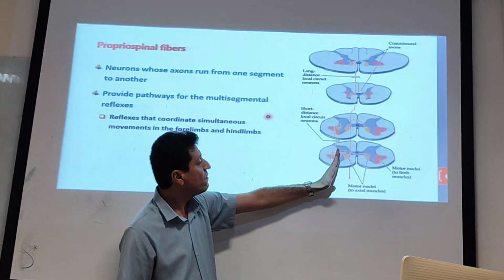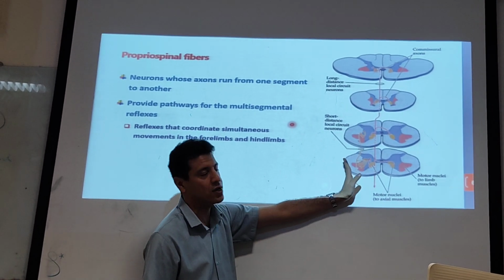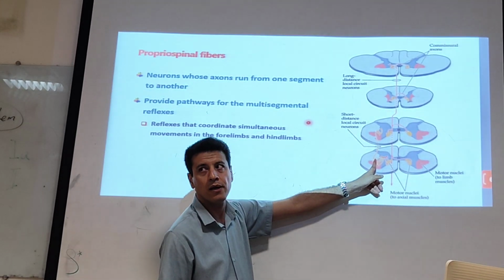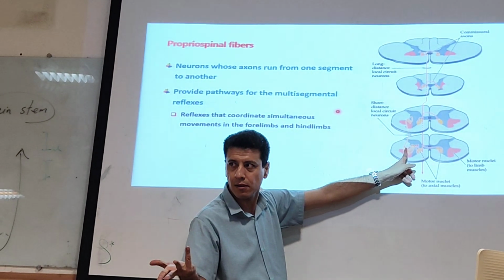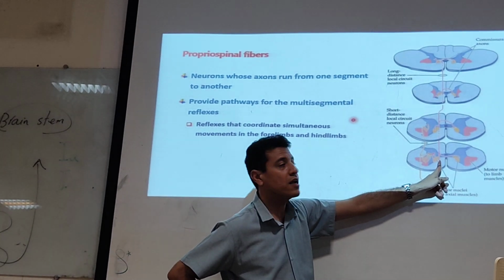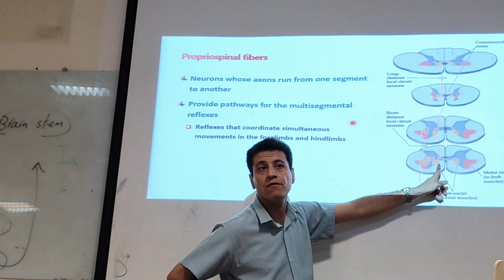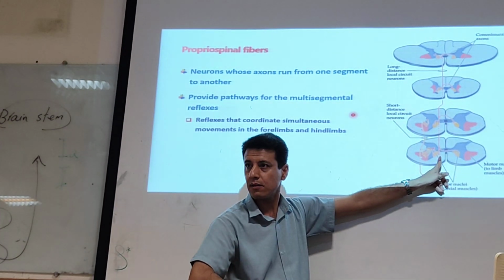Right? Some of these propriospinal neurons are located laterally, like this. So they are involved in distal movements. Right? Some others are located medially, like this. So they are involved in axial muscle movements. Right?